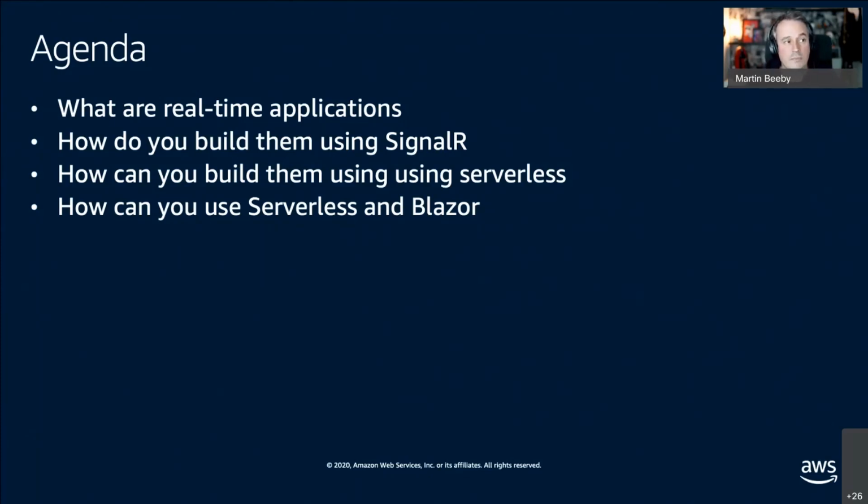And then finally, I'm going to show you how you combine them all to build a serverless Blazor application. The whole reason for doing that is basically the costs involved. To build the SignalR application and have it working at a certain scale is going to cost me probably hundreds of pounds or euros a month to run. Whereas the serverless application will cost me very little, but more importantly, I only pay for the times that it's being invoked and used.